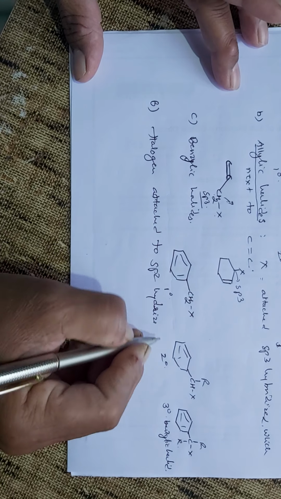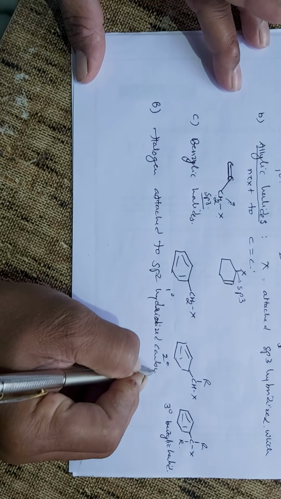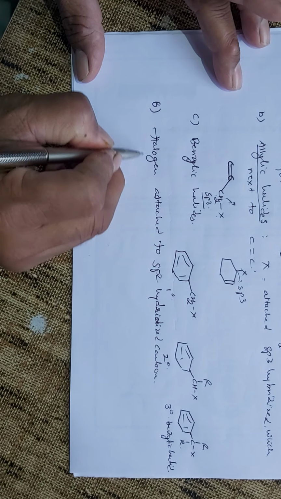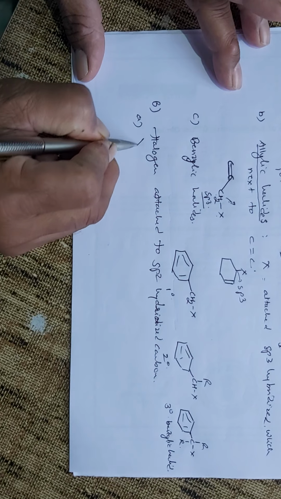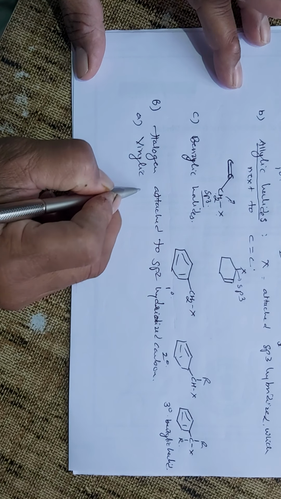Here there are two types, one being vinylic halides.